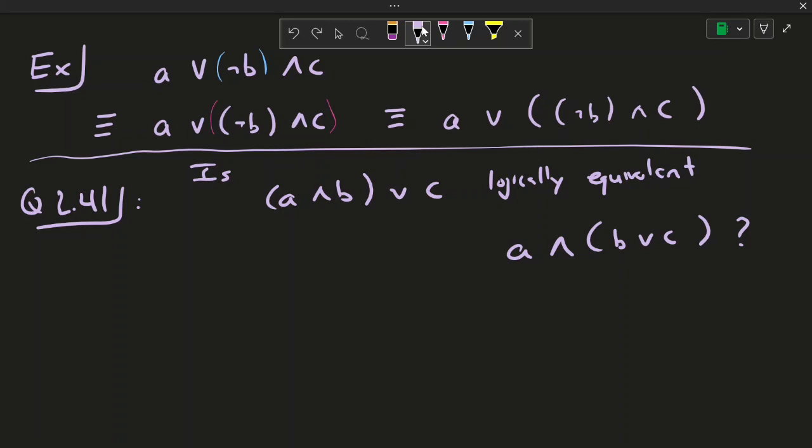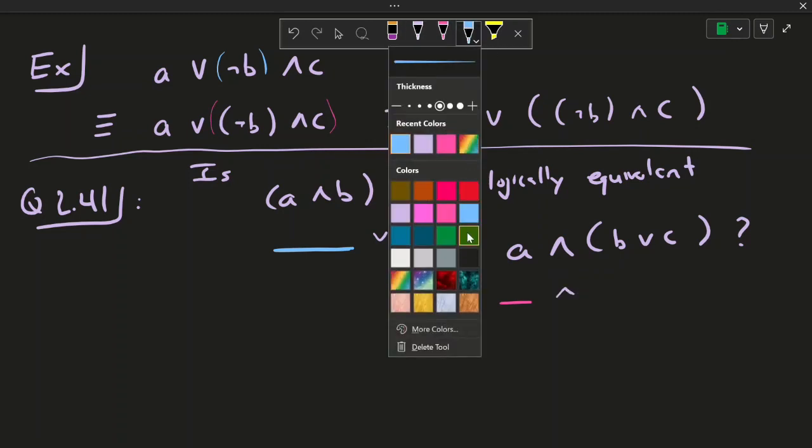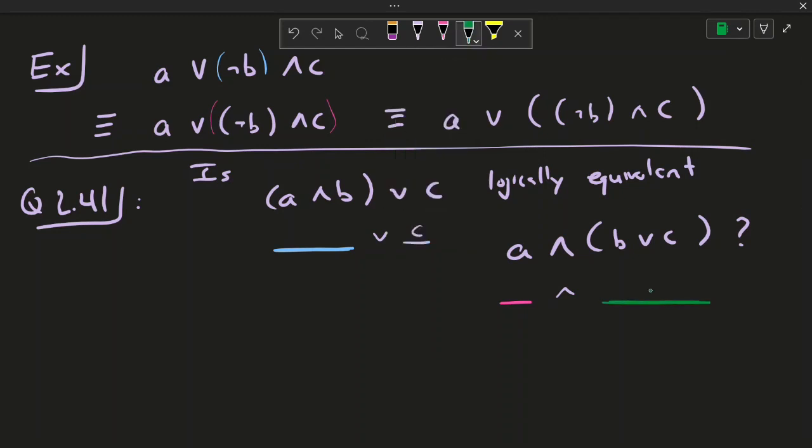So the way I see this is that we really have one statement here connected with the OR C. And then on the other hand, for this statement here, I see A by itself in another color, and another by itself.